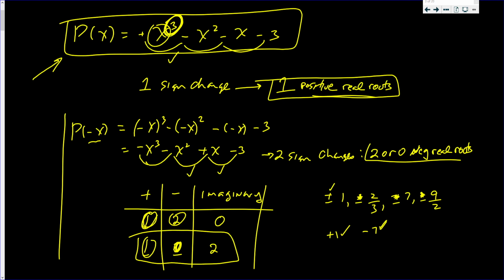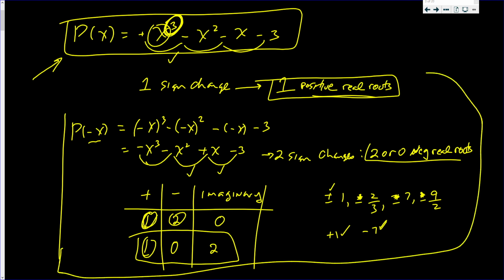Hopefully, it will not be a negative irrational real root, but I guarantee you there will be another rational zero, and a negative 1 at that. Okay, so this is the power of Descartes' rule of signs.